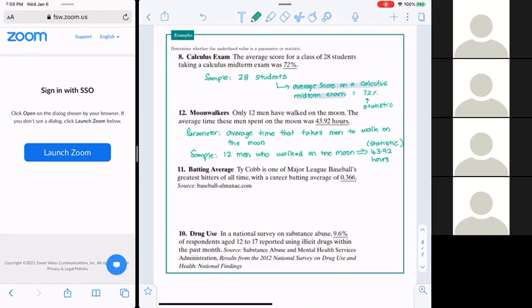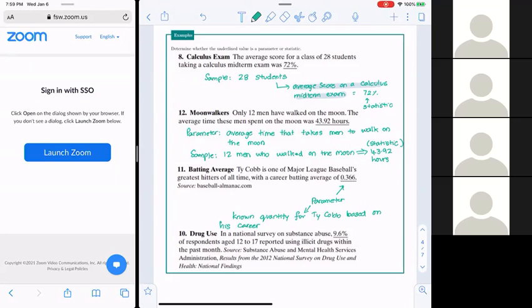So in this case, 0.366 is a parameter because it is a known quantity for Ty Cobb's batting average based on his career.